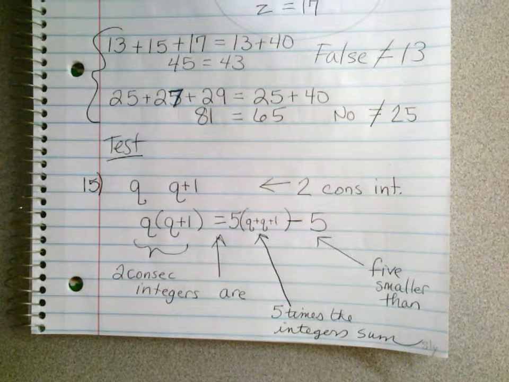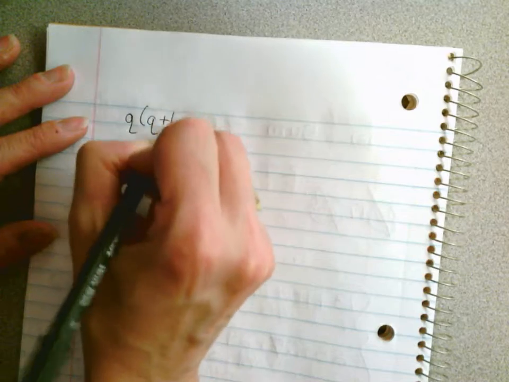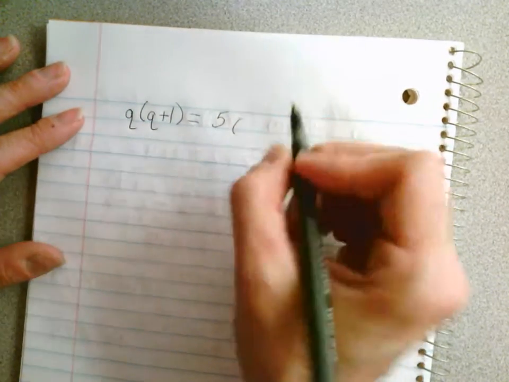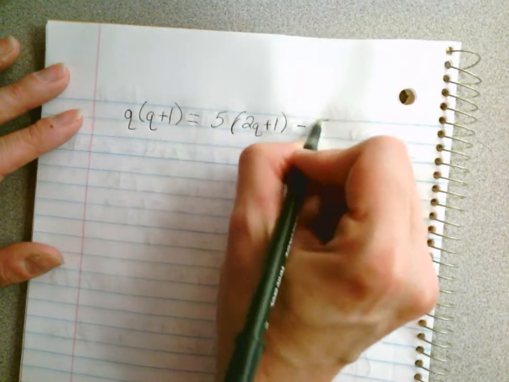Okay, ran out of room now on this side. I'm going to have to go to the back. Really quick. So q times q plus 1 is 5 times, what was it, 2q plus 1 minus 5.